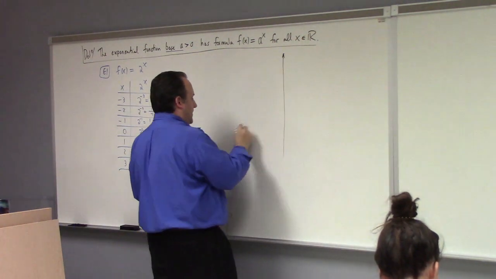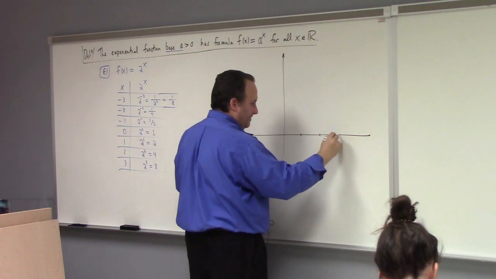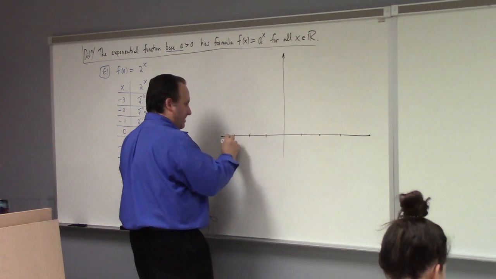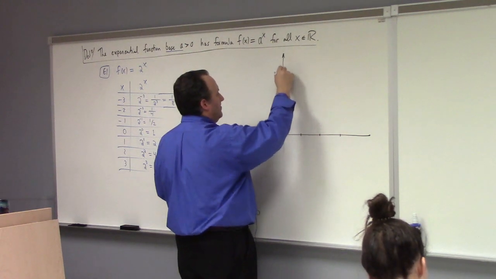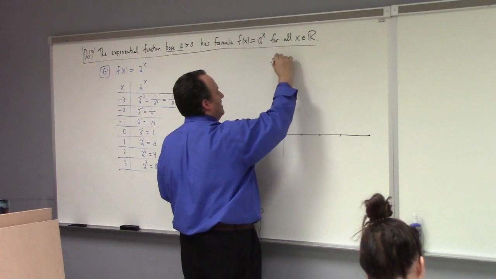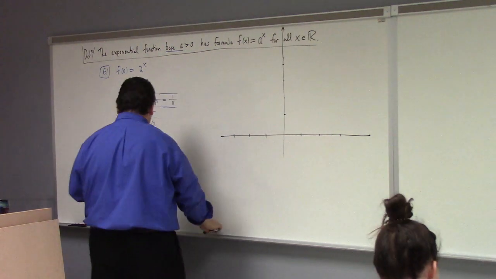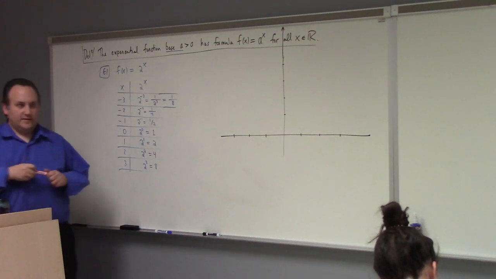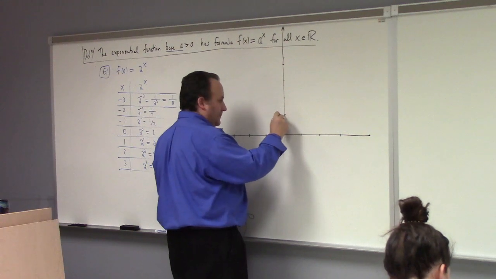All right? And so the graph, let's put some points down here. What are the points on the graph? We got the y-intercept is 0, 1, right?